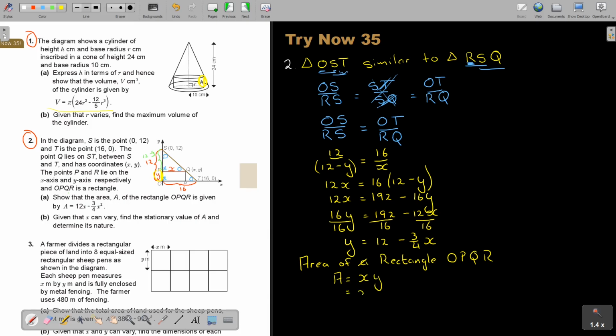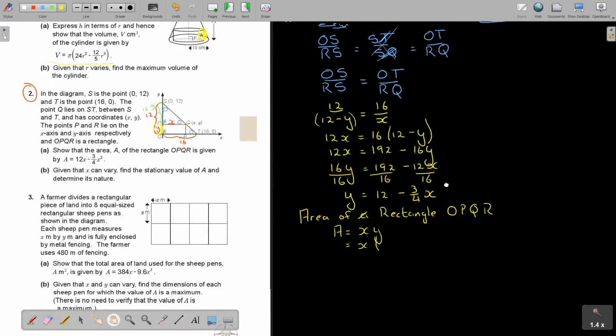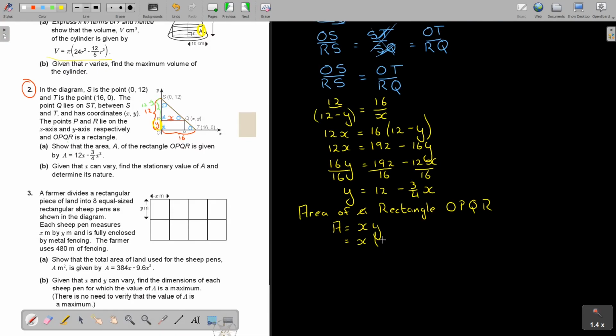Okay, so I have x, and what is y? Let's just move it up. Y is 12 minus 3/4 x. And that's going to be 12x minus 3/4 x squared. Okay, that's what I got there.